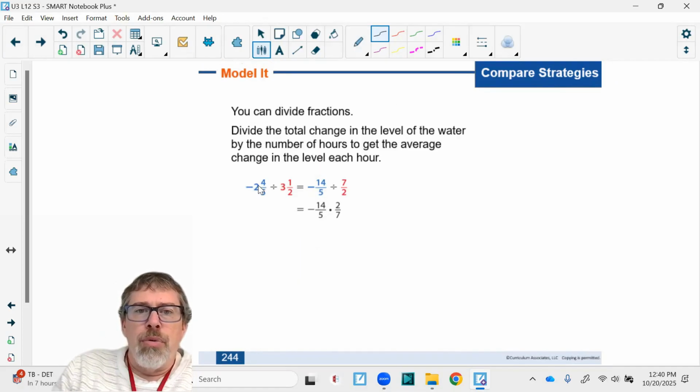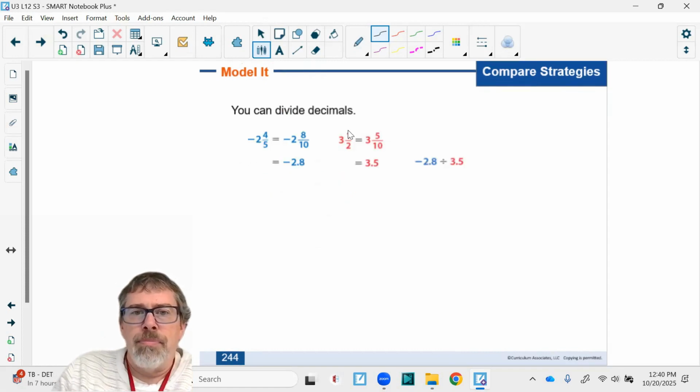So here's how they showed negative 2 and 4/5 divided by 3.5, made it improper, and then multiplied by the reciprocal like I showed you, and you get negative 4/5. Okay, another way we could do it is you can divide the decimals.